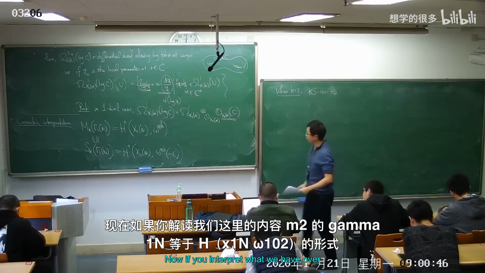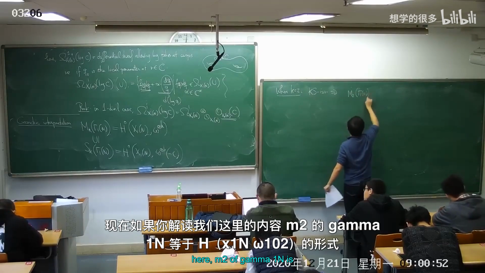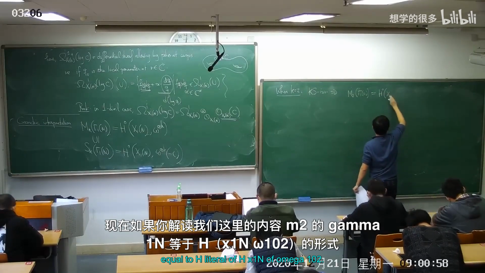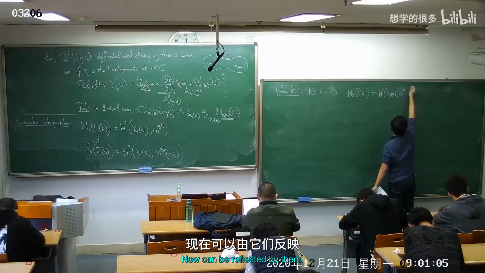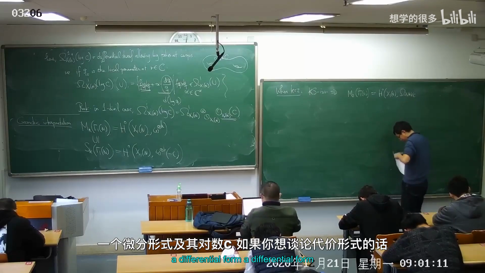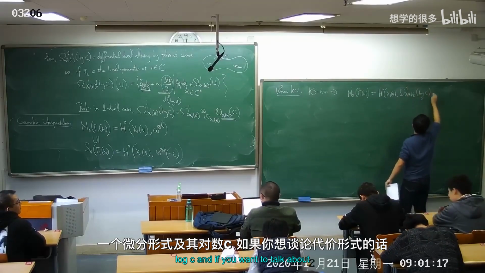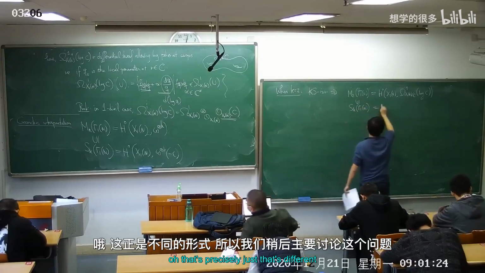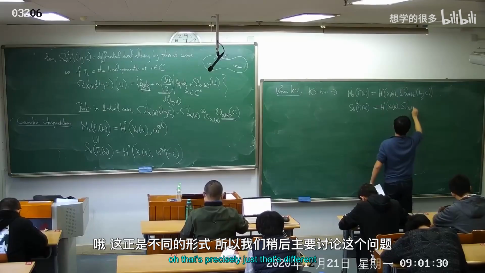Now if you interpret what we have over here, M2 of gamma 1 n is equal to H0 of X1(n) of omega tensor, okay, omega tensor now can be replaced by the differential form, the differential form log C. And if you want to talk about the cusp forms, that's precisely just the differential forms.